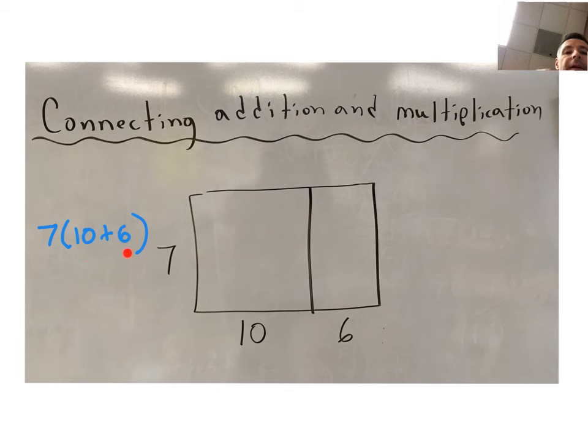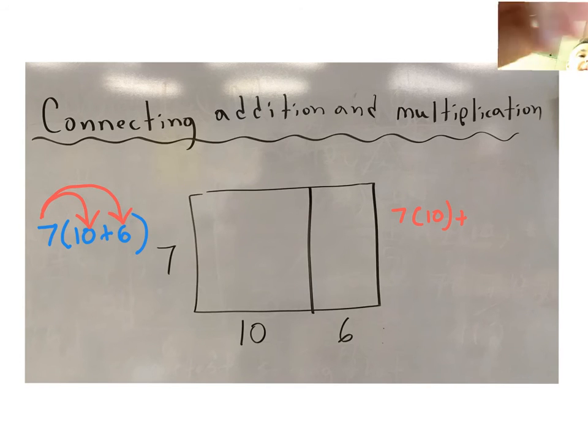And then we have 10 plus 6 will be our other factor. So we can go ahead and solve that one now, but let's not solve that one. Let's distribute first so we can do the expanded form. So we can say 7 times 10, and I'm using parentheses, plus, distribute the 7 to the 6, 7 times 6.